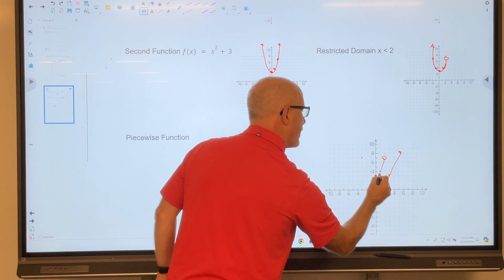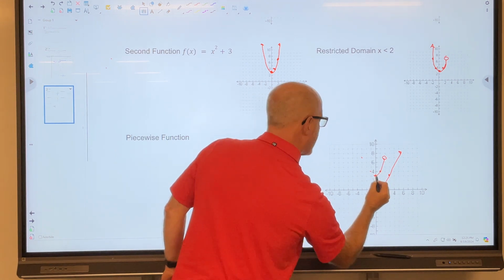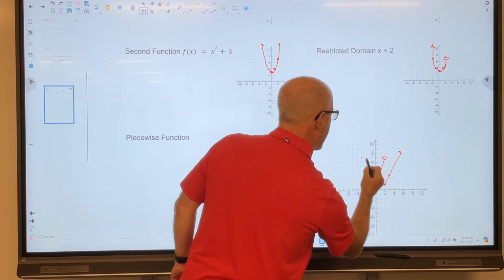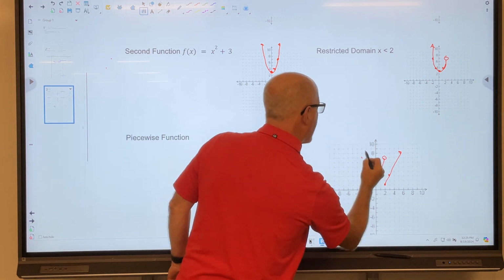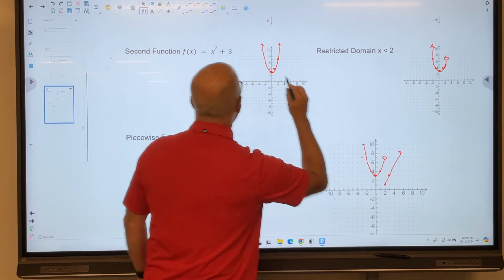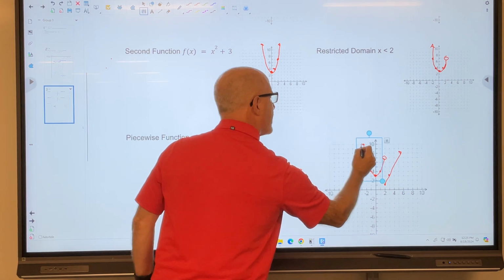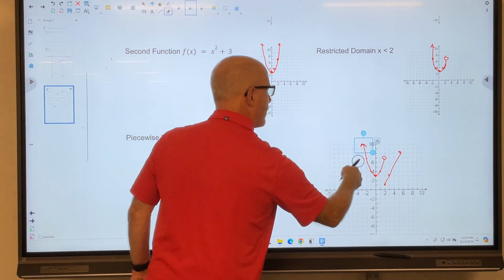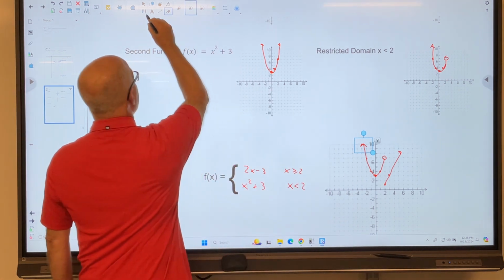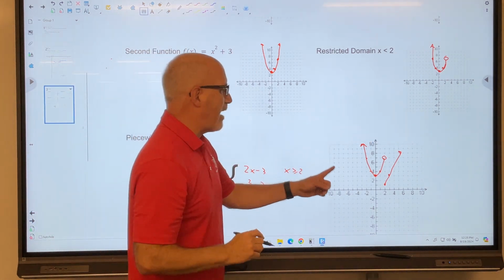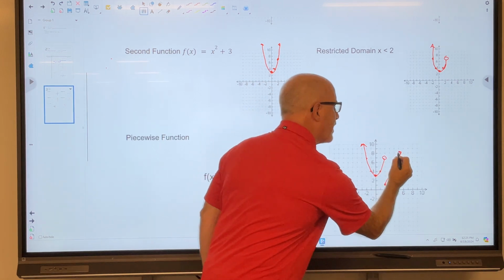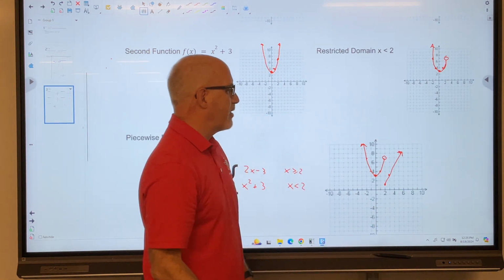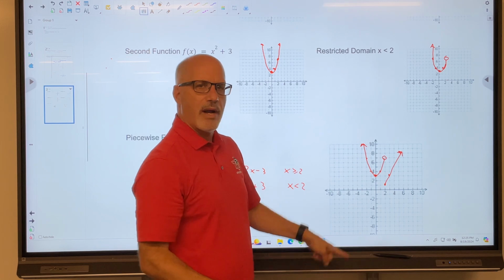So this graph will be a parabola that goes like that. And so a piecewise function has this interesting look where it ends up looking like 2 pieces on the same graph. This line here goes off to forever on 2, and this part of the parabola.